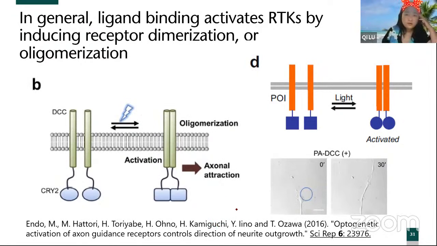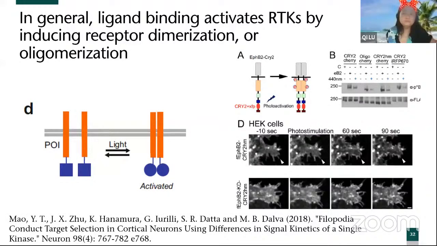There are several examples, like the 2016 Endo lab also using the same way, using the light to activate and cause receptor dimerization, and this activates the growth cone signal pathway and causes the growth cones to grow in the light stimulation direction, meaning that this part of the signals is being activated. And also in 2018, a ligand binding to TRK induced receptor dimerization. It forms a dimerization.